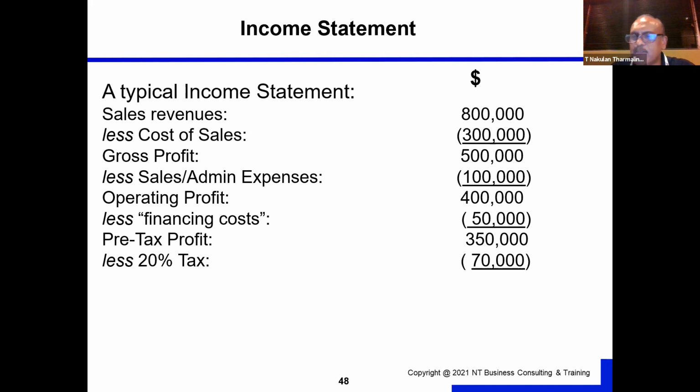Assuming your tax is 20% for the purpose of this question, your pre-tax profit is 350,000. Assuming your tax rate is 20% on your pre-tax profit of 350, you have an income tax expense of 70,000. So your net profit after tax is 280,000.